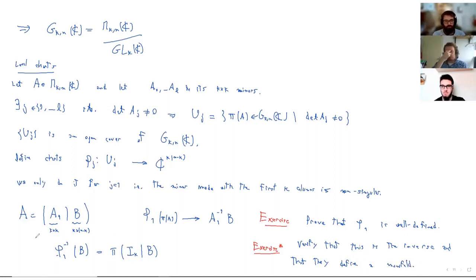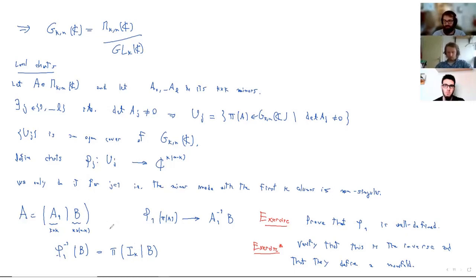So you should also define the other phi j's, but I hope it's clear how to define them. Instead of taking this minor, you take the corresponding minor. And instead of having the first k columns giving the identity, you have the columns corresponding to the minor. And you have to verify that the composition is in fact a holomorphic map, holomorphic in the entries of this matrix.